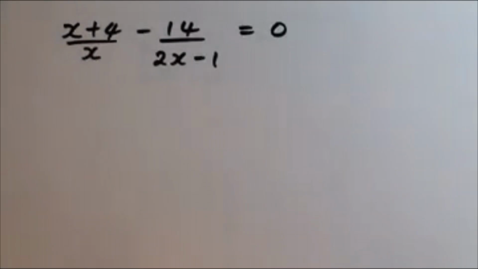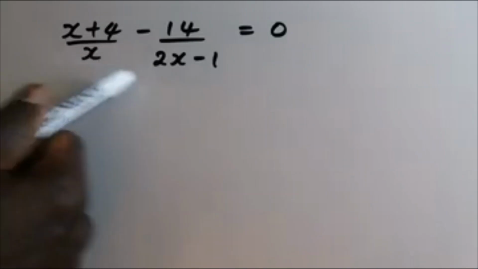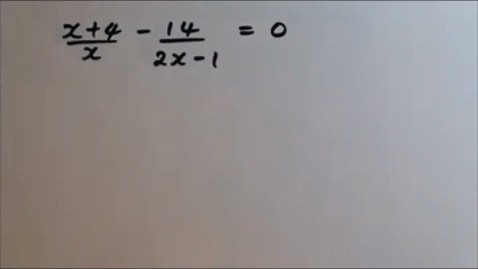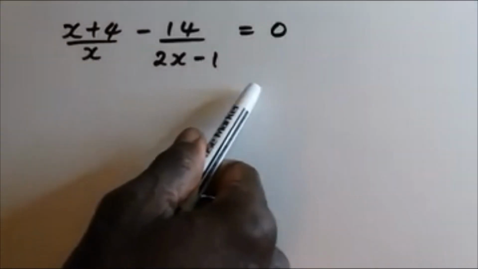Now we need to solve this equation. But if we look at it closely, x add 4 over x minus 14 over 2x minus 1 is equal to 0. So certainly these two expressions must be equal for us to get a result of 0.